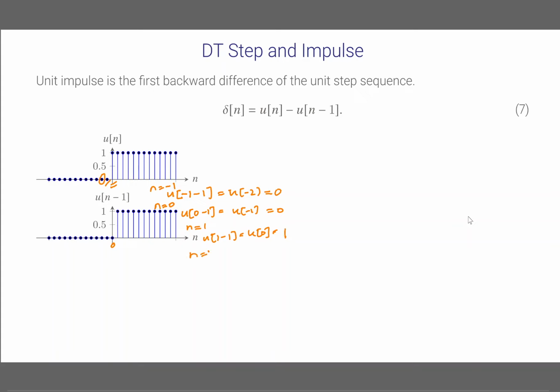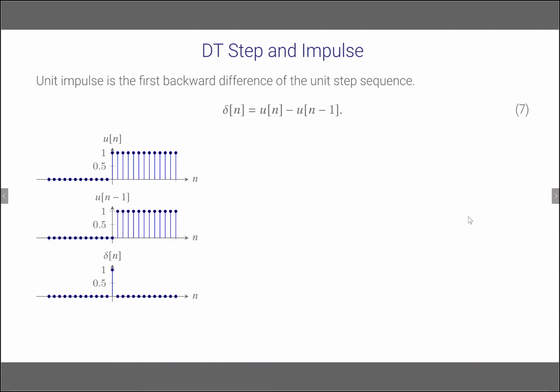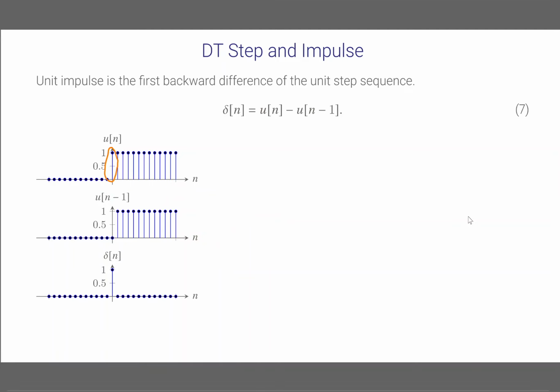When n is equal to 2, for example, u[2 minus 1] equals u[1], and we see that u[1] is equal to 1, and so on. So you can see this is u[n minus 1], the time delayed signal. So when you subtract these two signals, you get delta[n], because the only difference is right here. Okay, so you can obtain delta[n] as the backward difference of u[n].